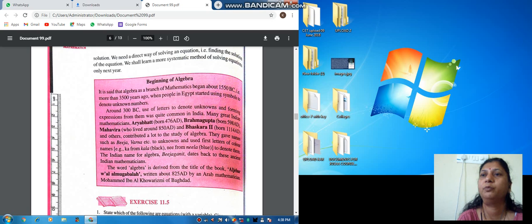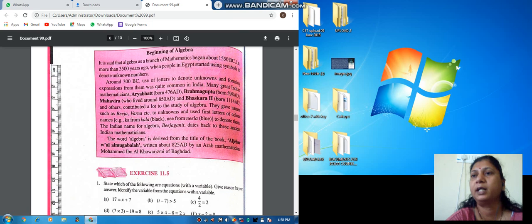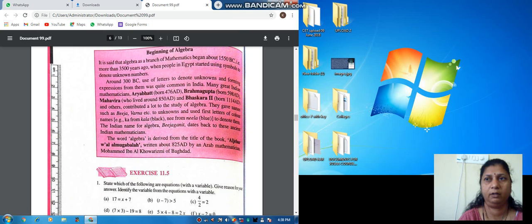It is said that algebra, the branch of mathematics, began in 1550 BC, that means more than 3,500 years ago, when people in Egypt started using symbols to denote unknown numbers.